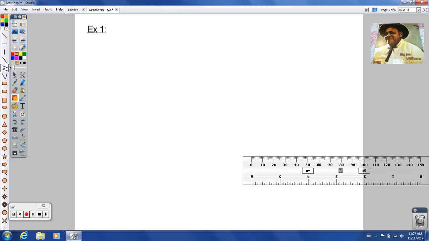So let me draw this triangle. Yourself, let's make this a little thicker to start. This is the original triangle here. Make your triangle look like mine as best you can. Looks good.